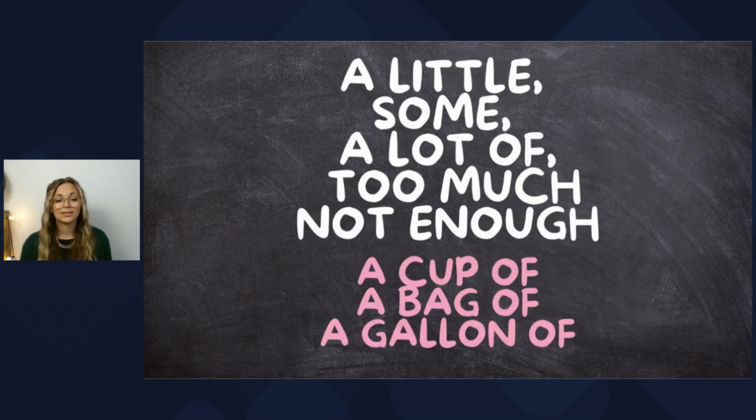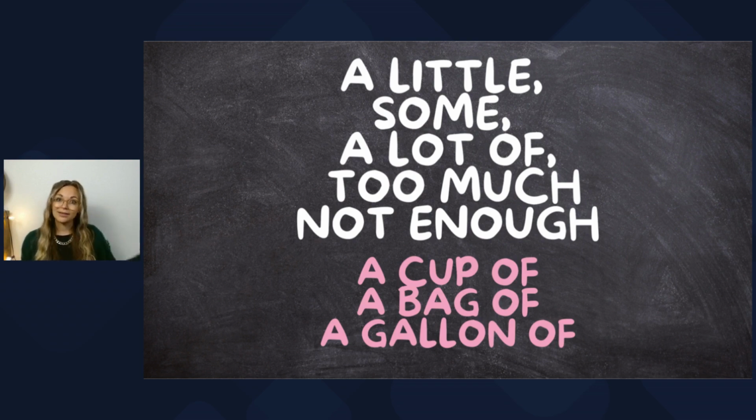Now, of course, you can say a cup of rice, a bag of money. Nice. If you have a bag of money, good for you. Great. Or a gallon of milk, but you can't say 1 milk or 5 milks. 5 gallons of milk, 5 glasses of milk.